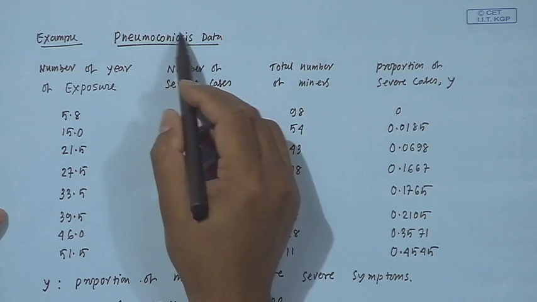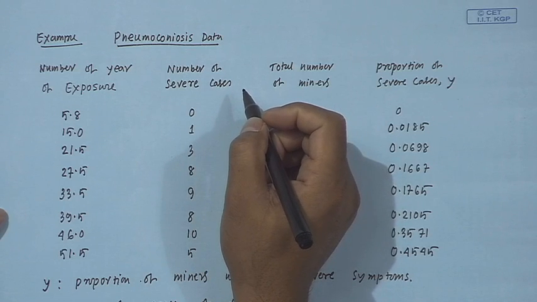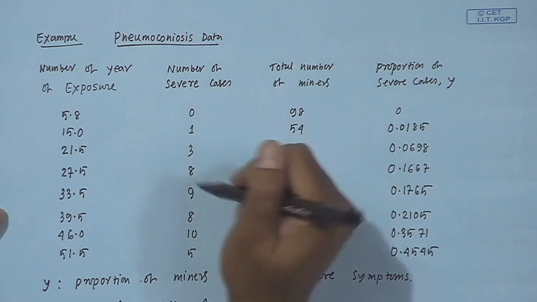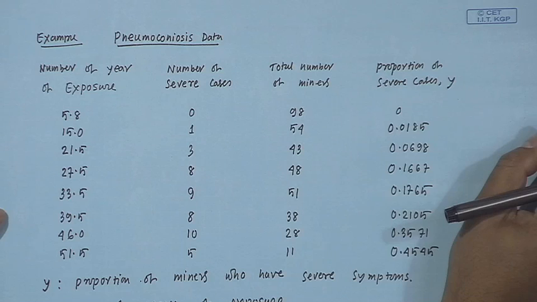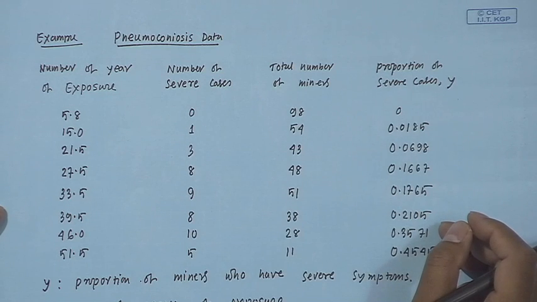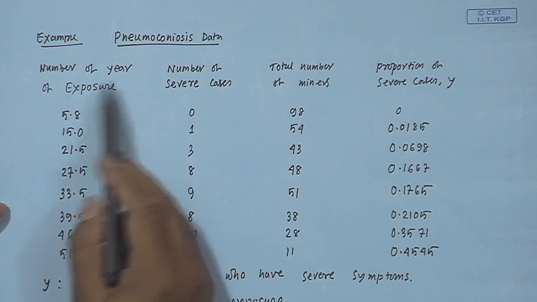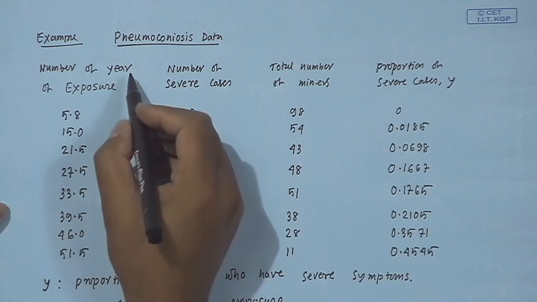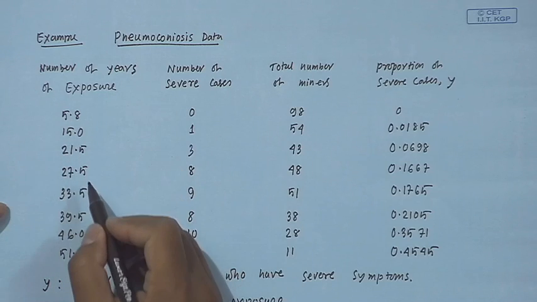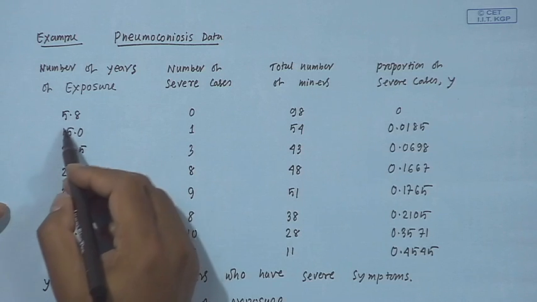Pneumoconiosis is a lung disease that results from breathing in dust in coal mines. And here you have data like the number of years of exposure, and the data can be read in this way.